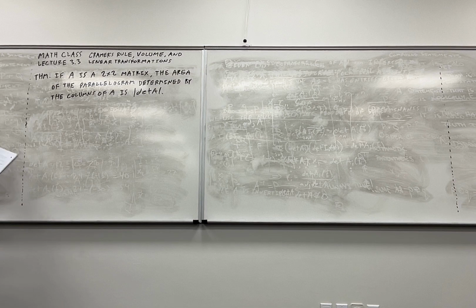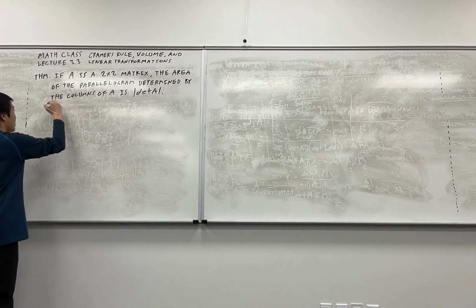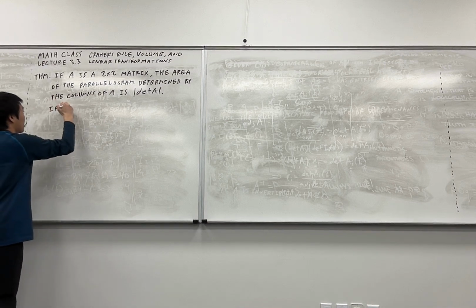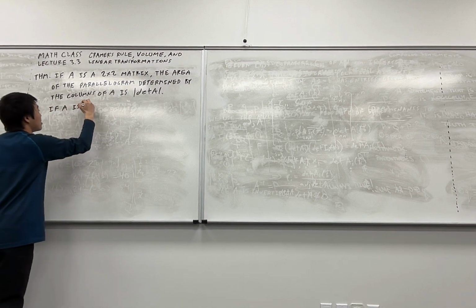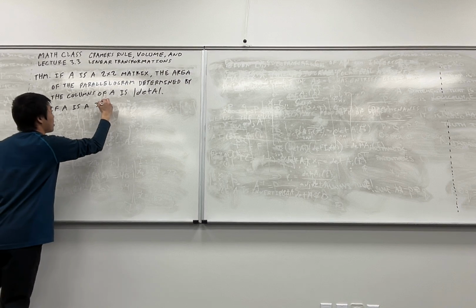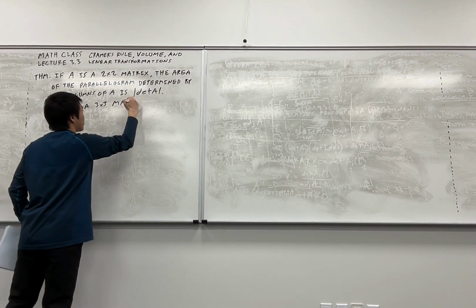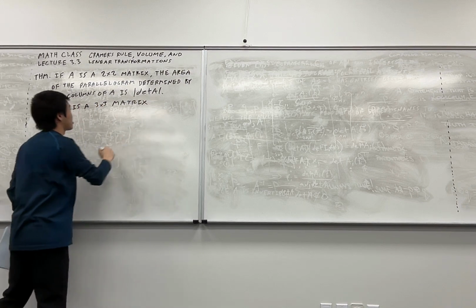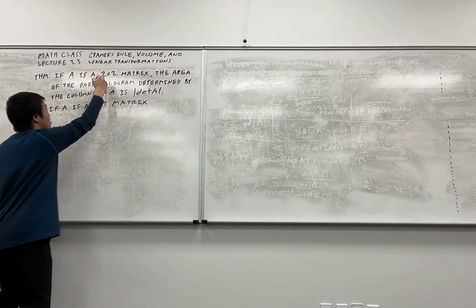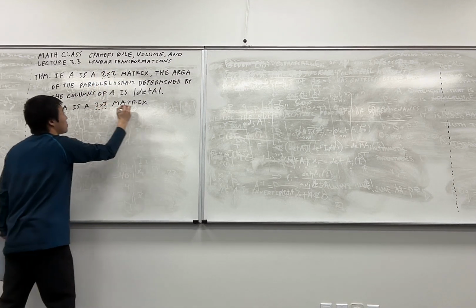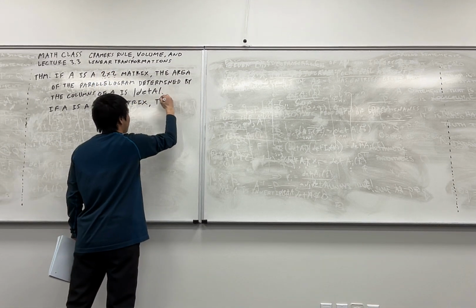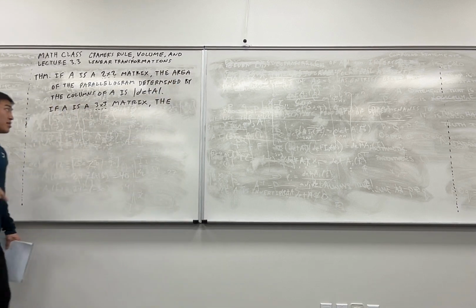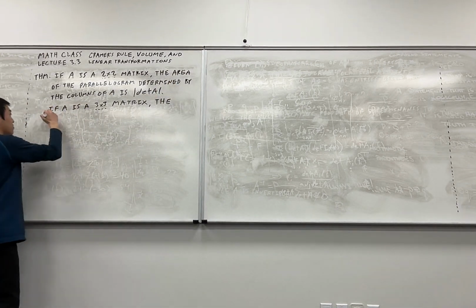Okay, so what they're going to do is an analog into 3 by 3. I'm going to show you these parallel components of construction. If A is a 3 by 3 matrix, that's the first thing, stating its dimensions. What's the analog to area? Volume.